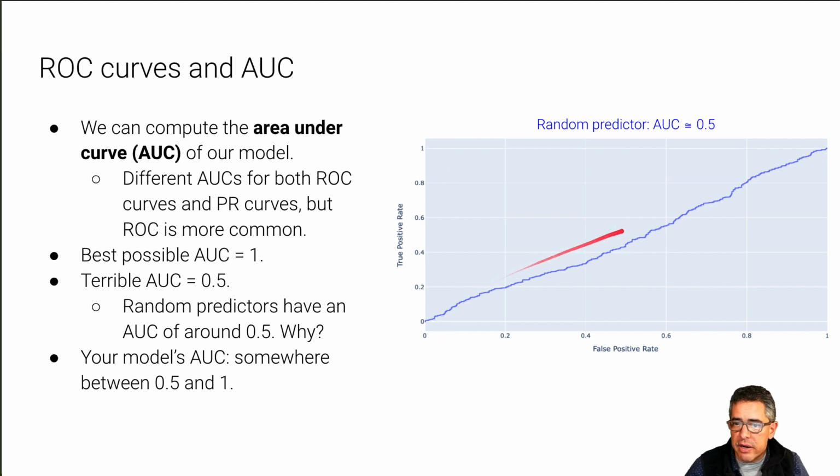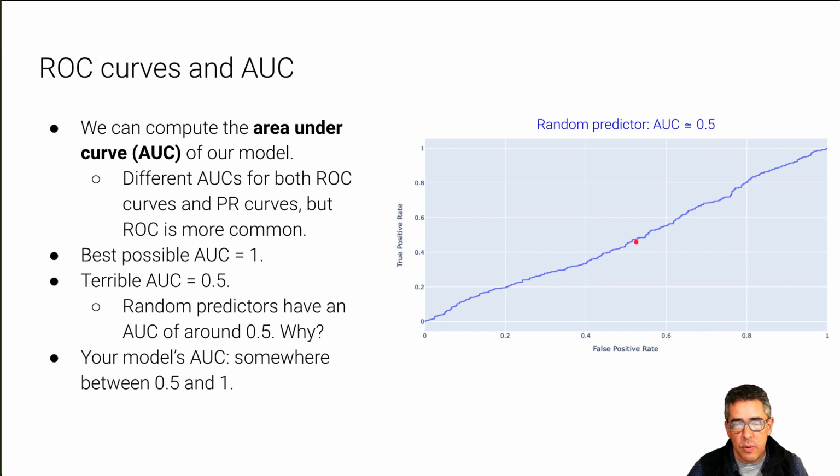The purely random model, the diagonal, has an area under the curve of about 0.5, right? The square has an area of 1, and the diagonal bisects it, so its area is half. Which means that in general, we're basically moving between AUCs of 0.5 and 1.